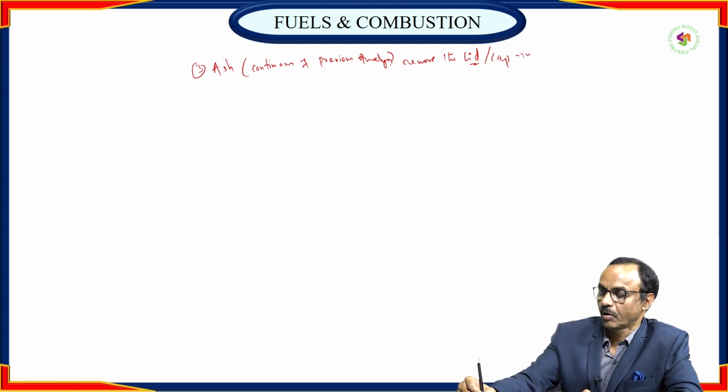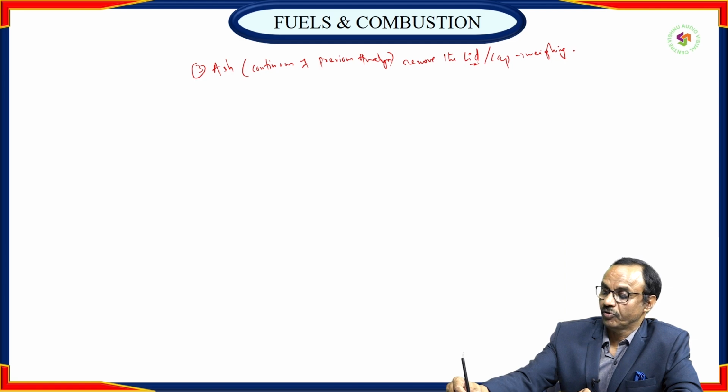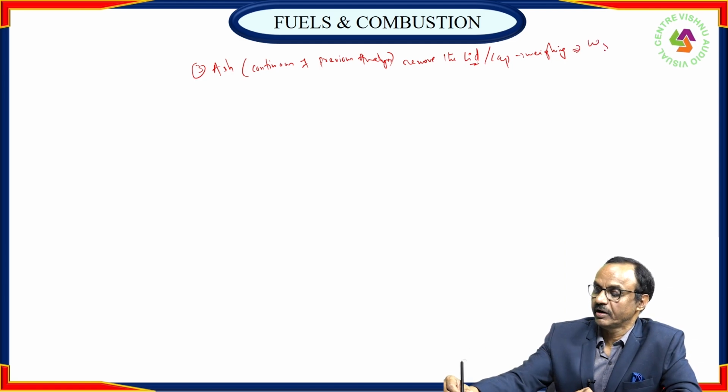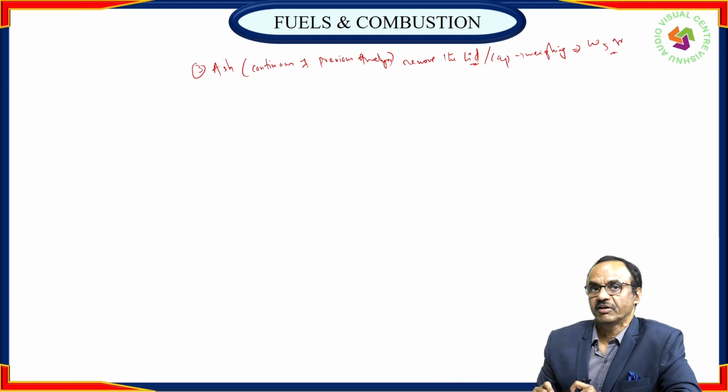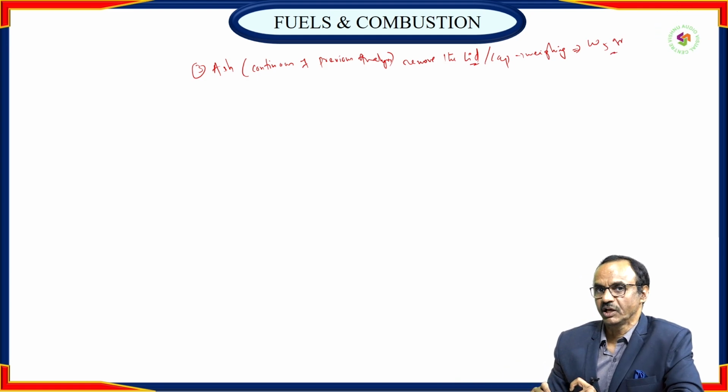Next, weighing. Let W5 grams be the weight of the crucible with remaining coal. It does not contain moisture or volatile matter.